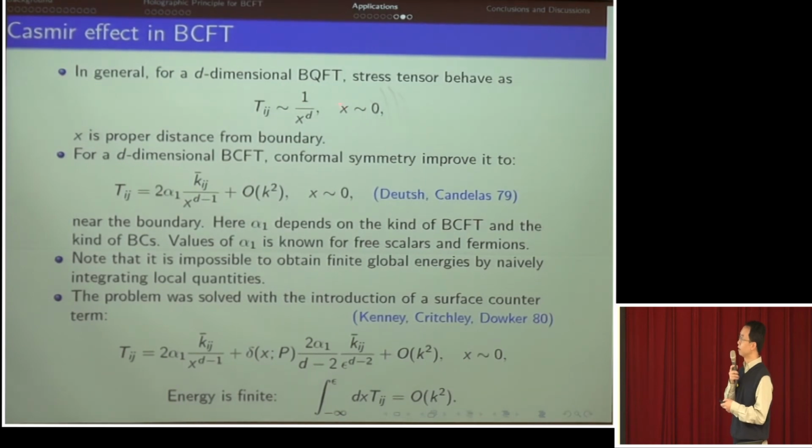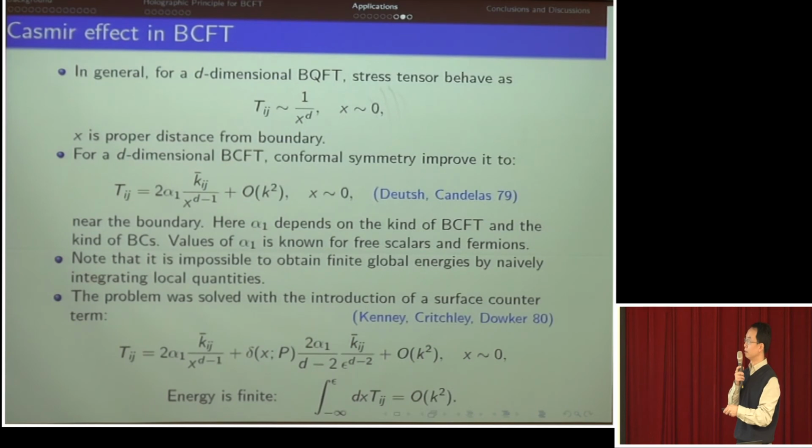In the conformal field theory, this leading term goes away and the subleading term dominates. Here k is the extrinsic curvature of the boundary. So this is a geometrical effect. And the coefficient alpha depends on the kind of boundary conformal field theory one considers.